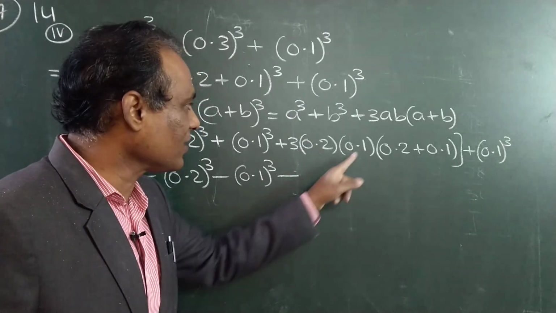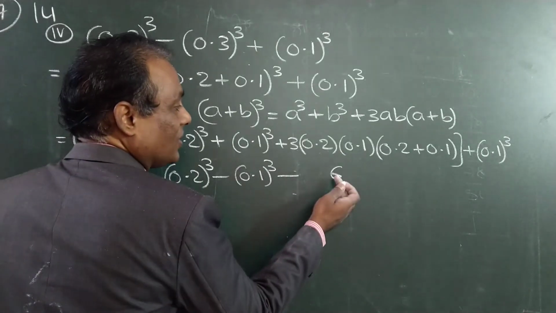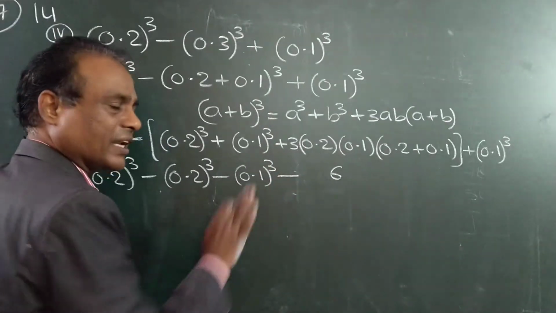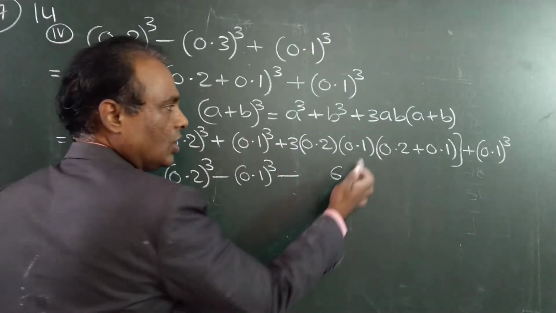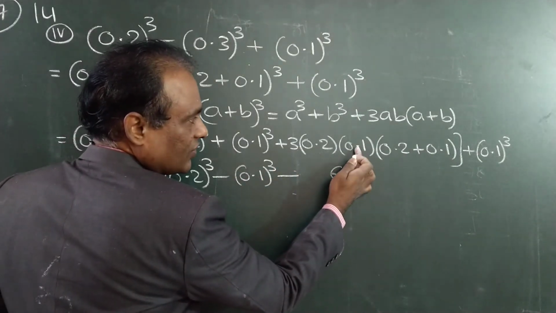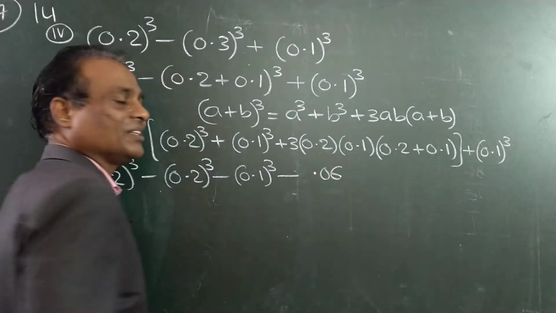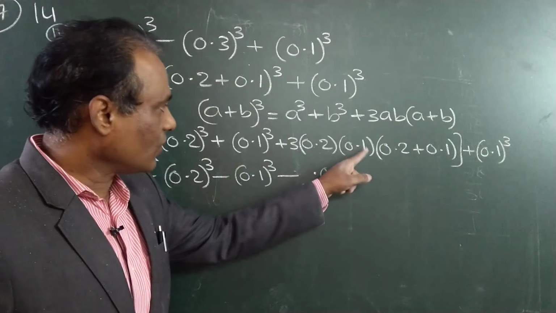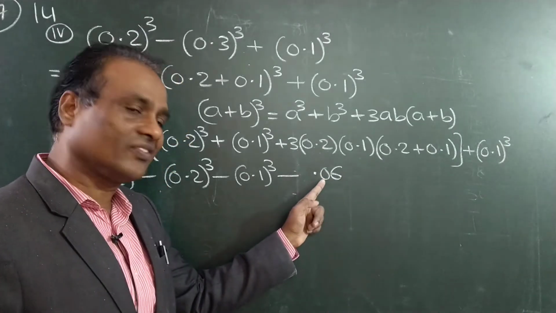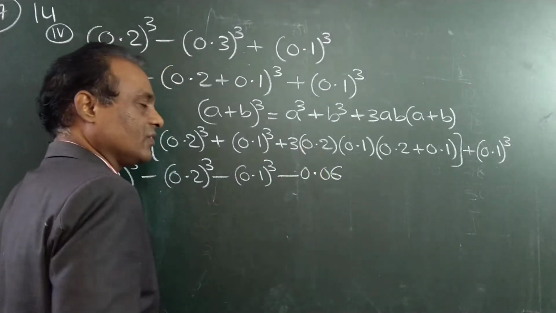So when we are multiplying, 1 digit and 1 digit, total 2 digits, so we have to keep the decimal before 2 digits. We have only 6, no? If there is no other digit, take 0 and put the decimal. So multiplying these two, we will get 0.06 into 0.2 plus 0.1, which is 0.3.